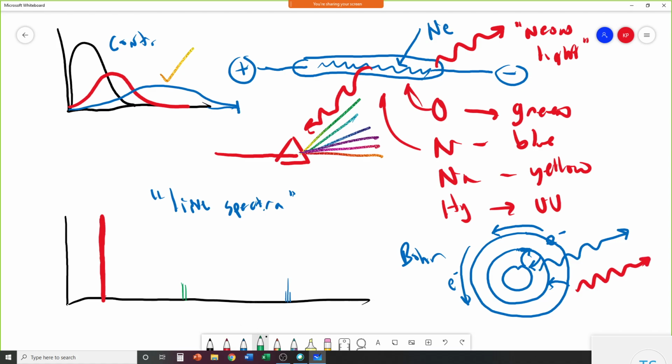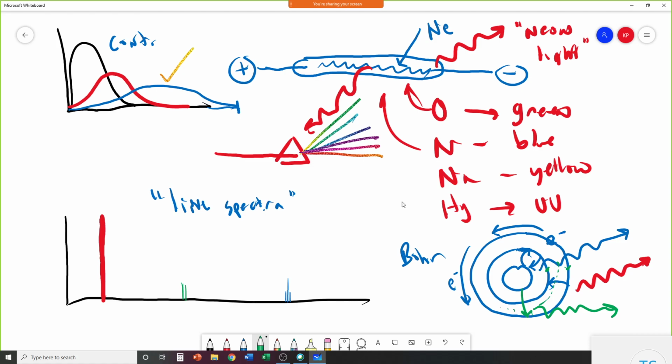And let's say you go from here to there, you would have, let's say, green light come out. So as the electrons change energy levels, you end up with different frequencies of light, different wavelengths, and therefore different colors. But you can only go in between these discrete levels. In other words, there's no halfway.